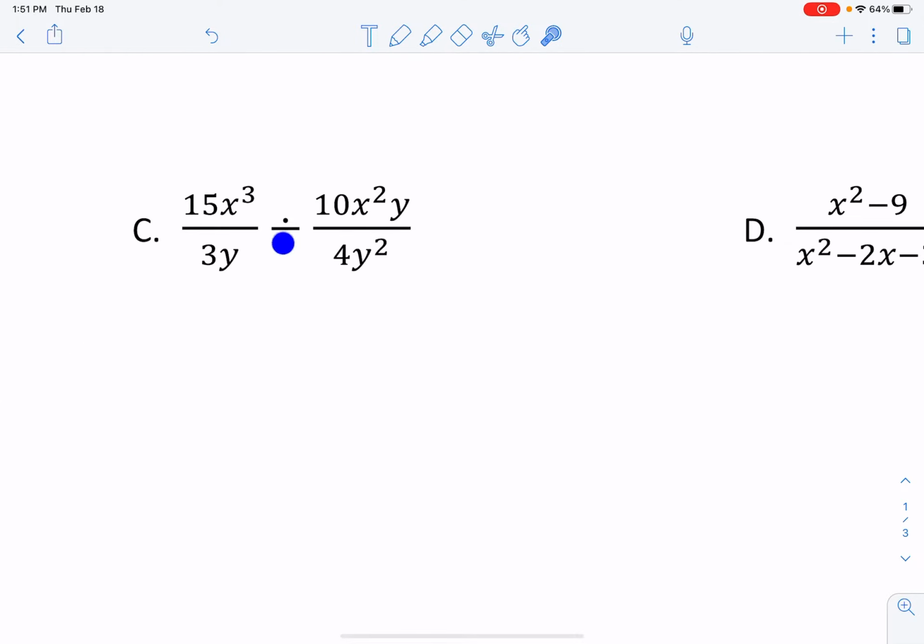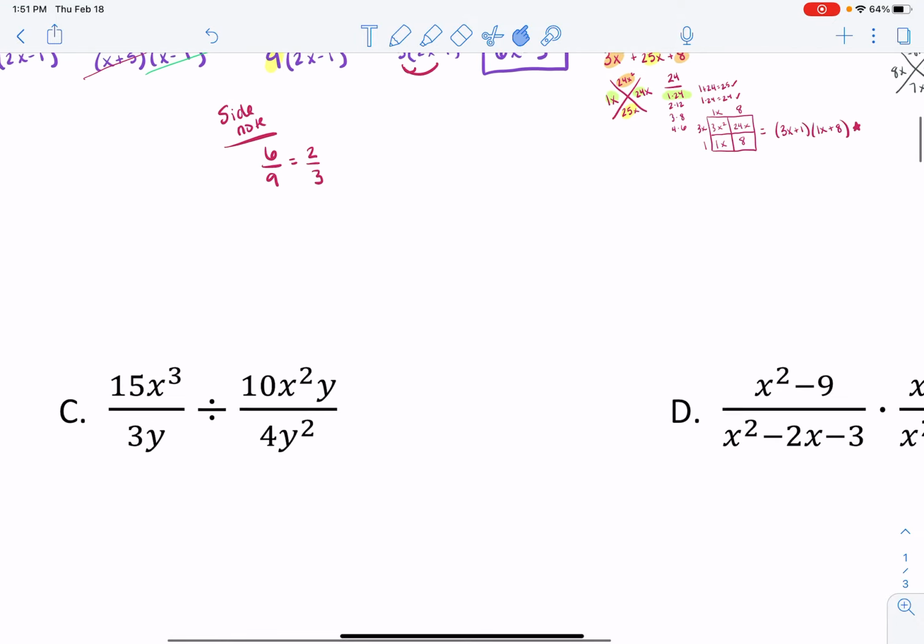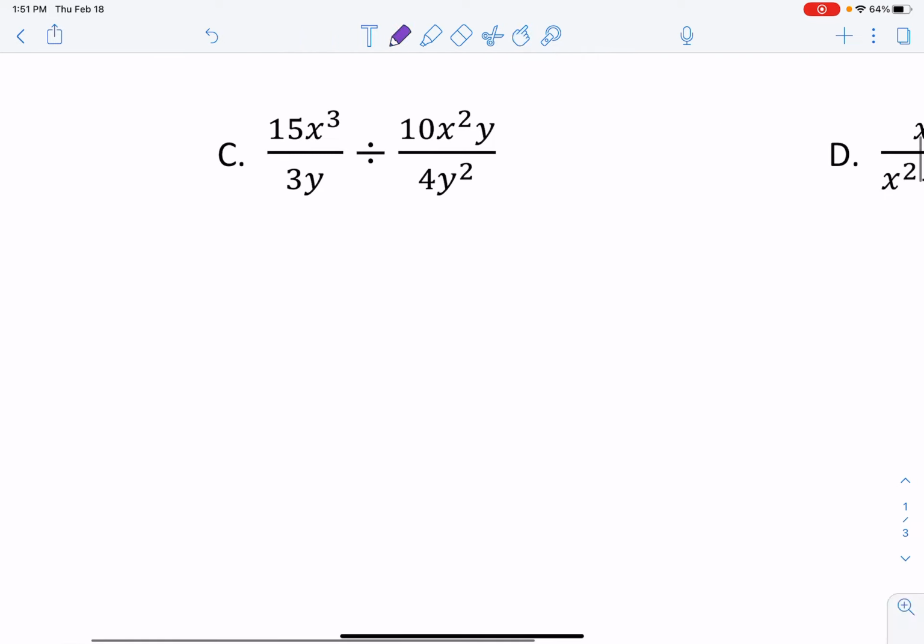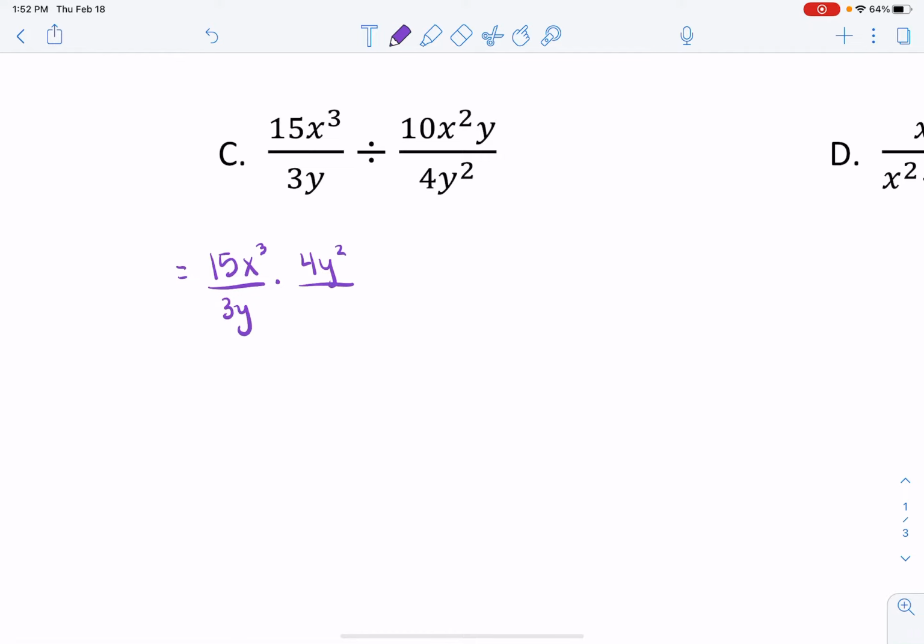So we see that division sign again. Just like in the first one, we're going to have to change it to multiplying by the reciprocal. So this becomes 15x to the third divided by 3y times 4y squared over 10x squared y.